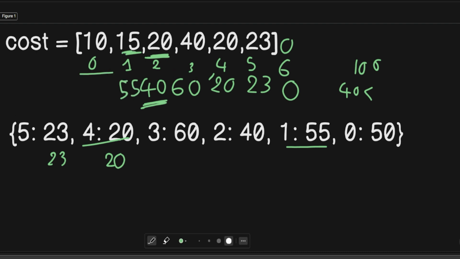And then from 0 here, we take the 10 plus 50, or we choose to plus the 40 right here. Definitely the 10 right here would plus 40, so it's 50. So 50 right here is the minimum cost from this 0 path. So we can choose either between the 1 or 0. Definitely 0 would be smaller than the 55.